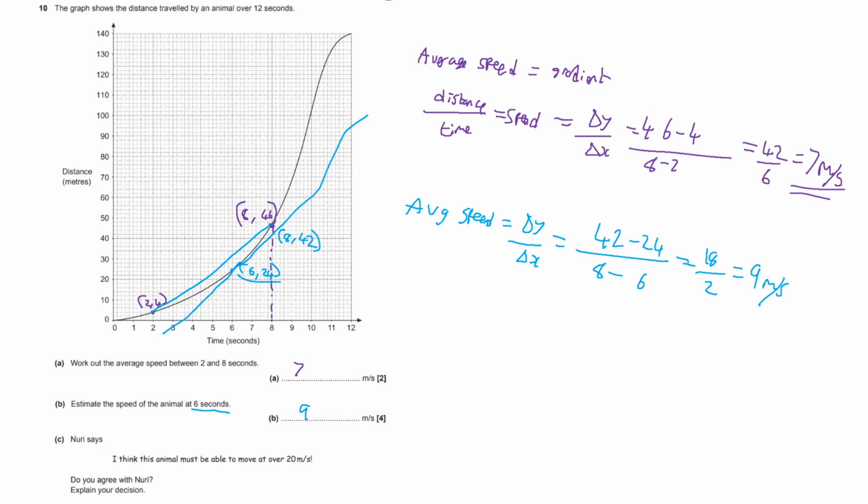Now, Nuri says that I think this animal must be able to move at over 20 meters per second. Is she correct? Well, let's take a look. What we need to do in this case is find where the steepest point is. Okay?